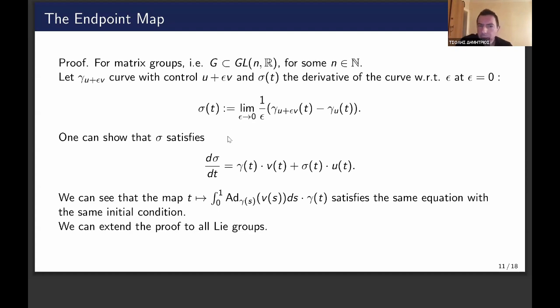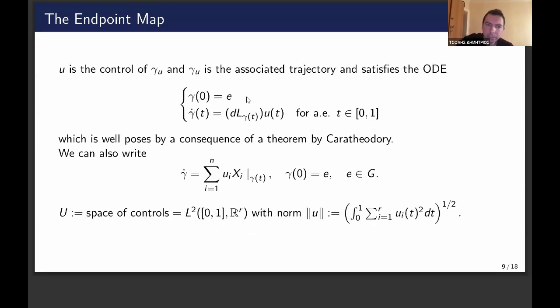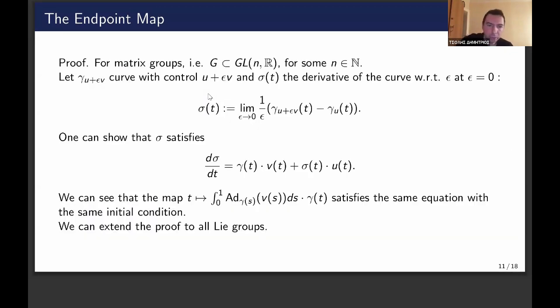It's just a limit where epsilon goes to 0 of 1 over epsilon times this difference here. And we can use this together with the previous ODE, which is this thing. So if you combine these two, you'll see that you get this ODE here. And we know that the ODE is well posed, so one can check that this thing actually satisfies the ODE.